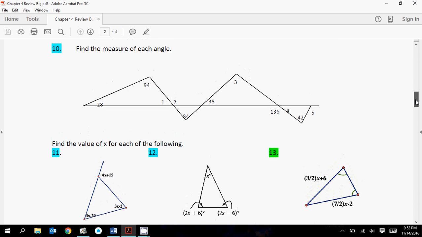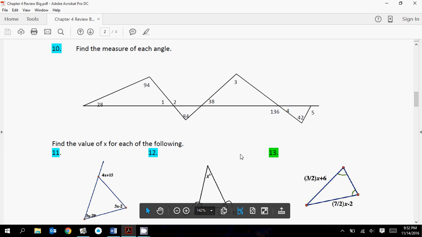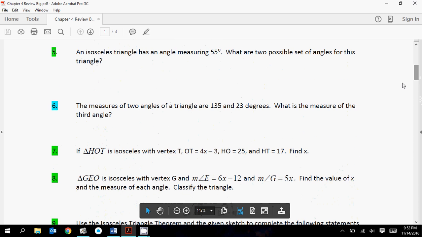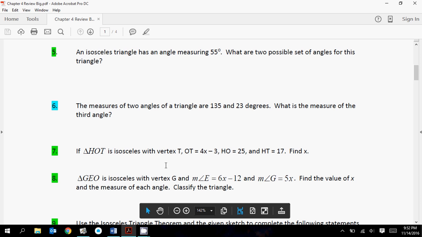Really, there's only two things that I'm using for all these examples. That's the interior angle sum, which I've mentioned a little bit in the other videos. You've heard me say that a couple times if you've watched those. And then we're going to be dealing with one of the exterior angles, okay?